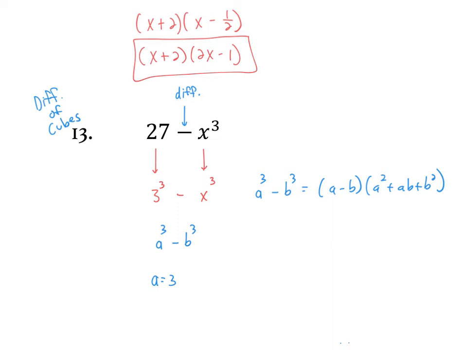And the next thing being cubed is x, so b is x. Then you just plug these into the right-hand side of this formula, and that's the answer.